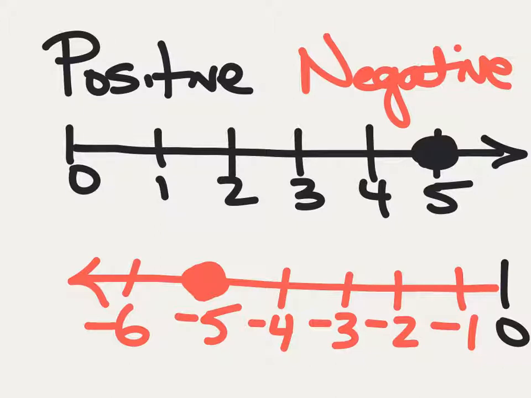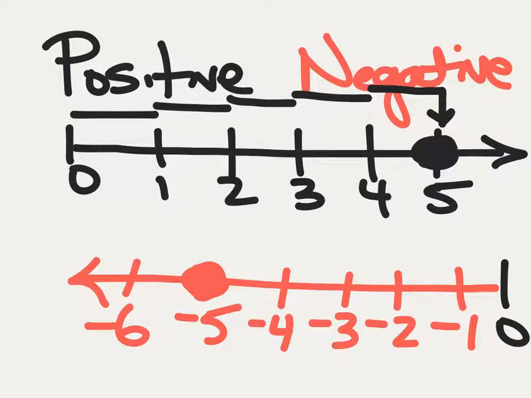Positive 5 is 5 steps from 0, 5 places from 0 to the right, while negative 5 is also 5 steps or 5 places from 0, only in the opposite direction. It is 5 steps from 0 to the left. 5 and negative 5 would be opposites.